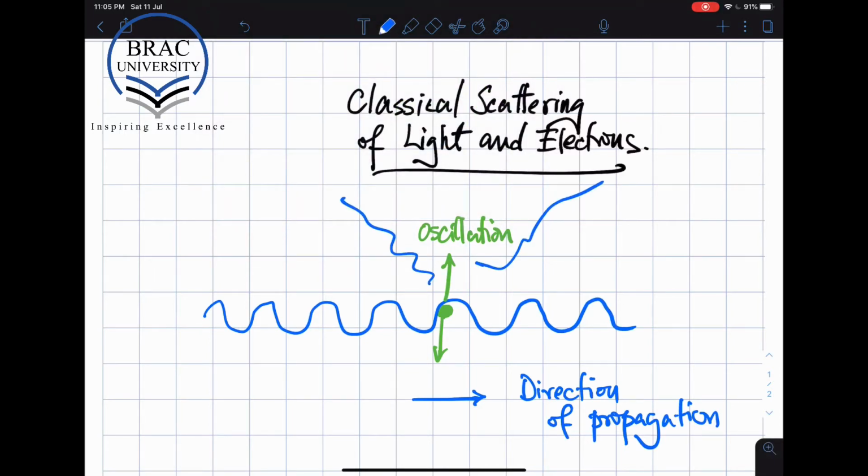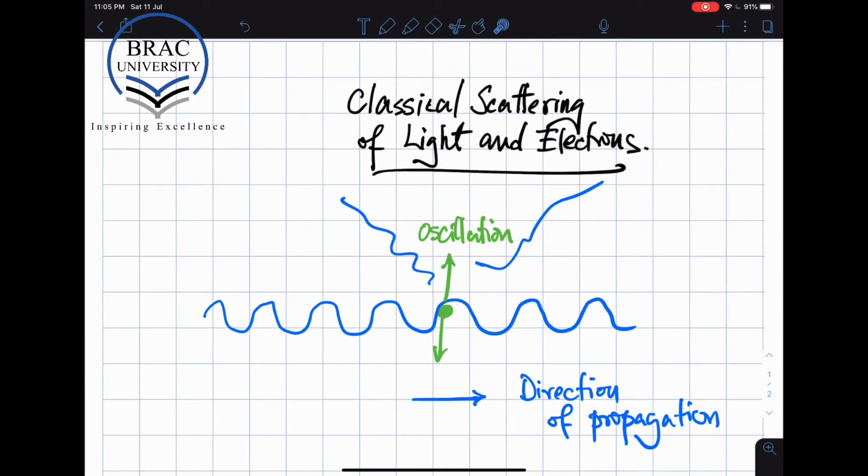We expect the frequency of this radiation to be the same as the frequency of the oscillation. So we expect that the frequency of the scattered beam will be the same as the frequency of the incident beam. But we know that electromagnetic waves also carry momentum.